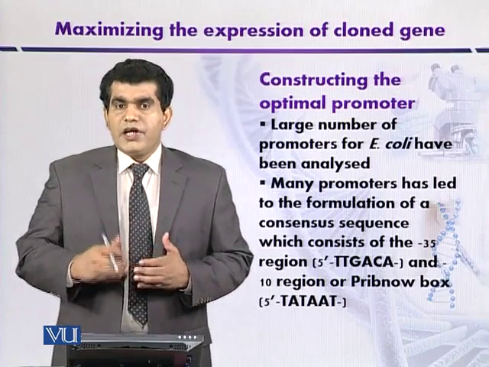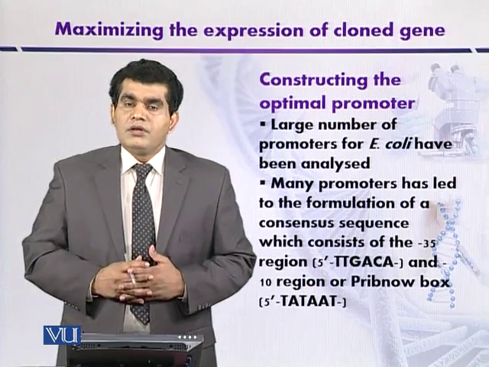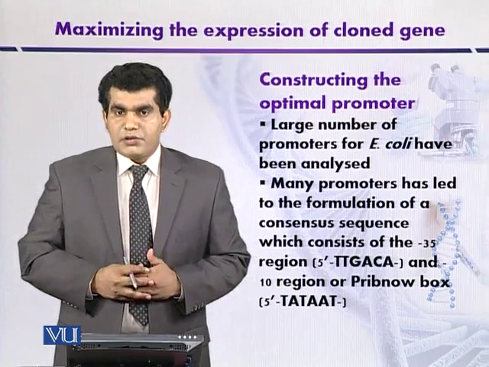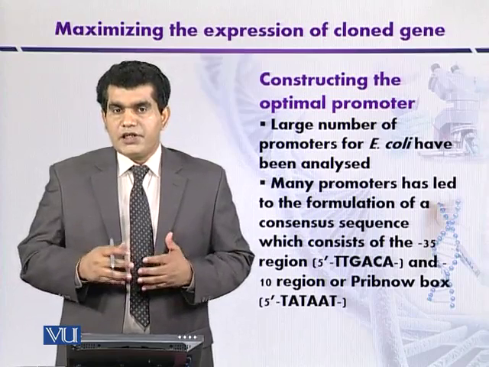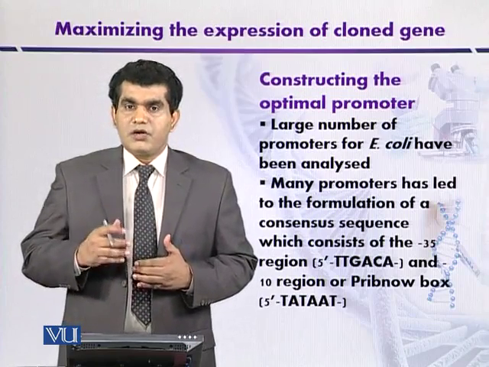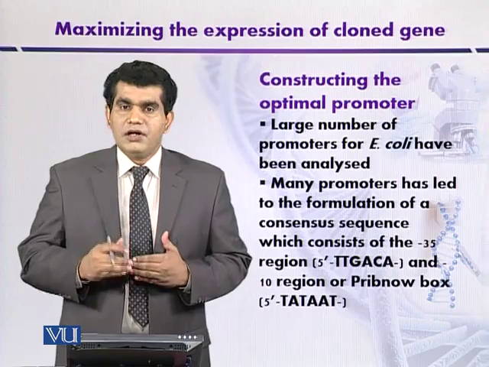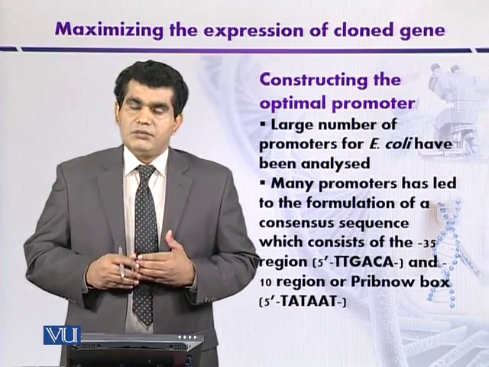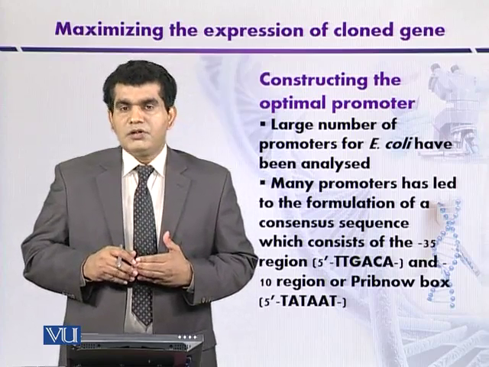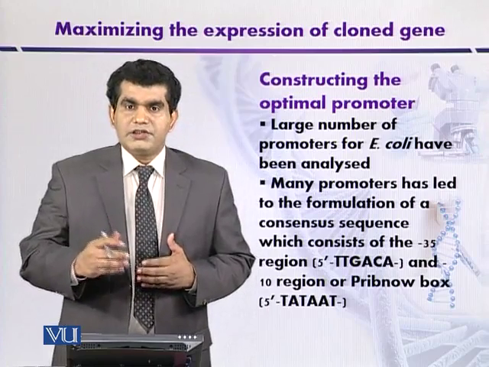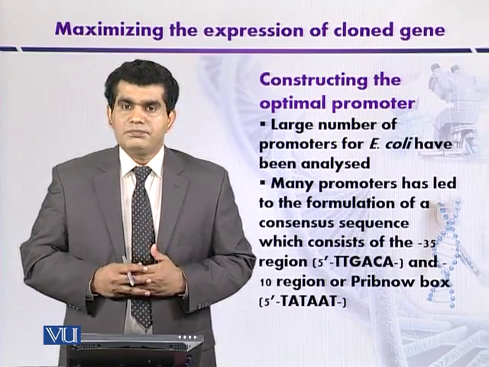And when we analyze different types of promoters, we will find that most of the commonly used promoters do not have much homology with the consensus sequences, like the lac operon.